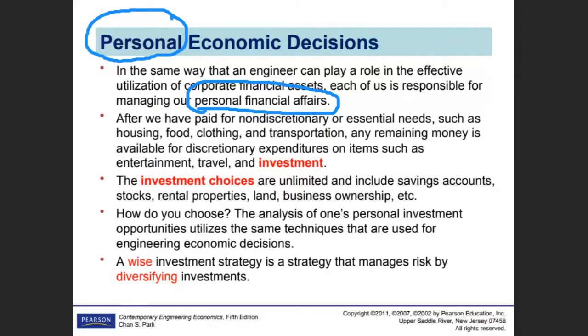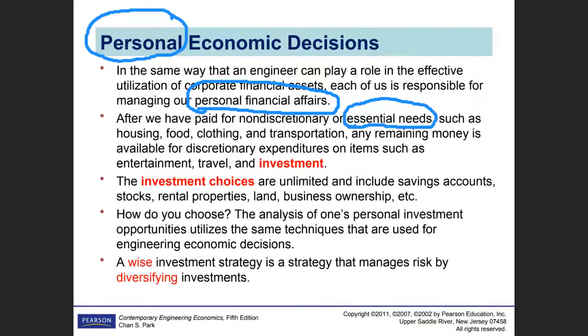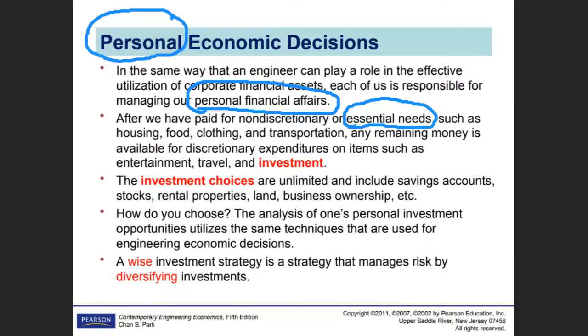The first thing, as an individual, to live, we need food, for example, which is our essential need. So what are our essential needs? We have to spend our money on those needs: food, clothing, housing, transportation, whatever the basic needs.